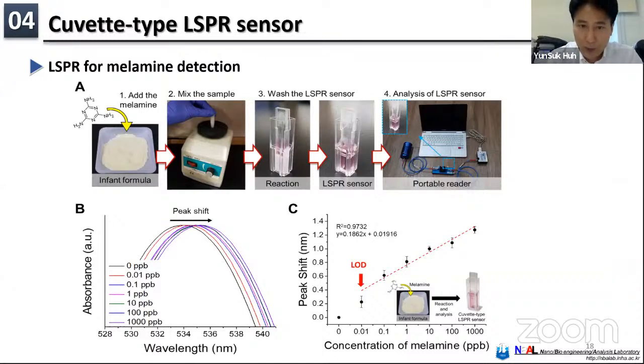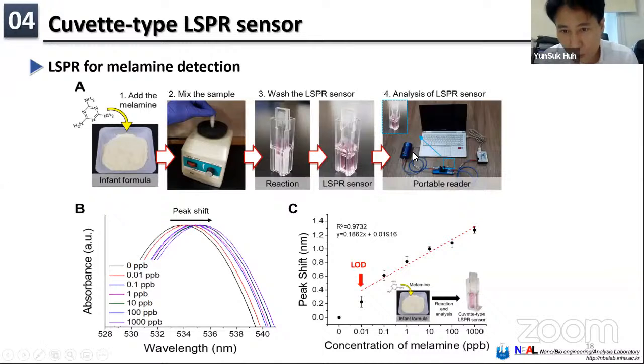After a 5 minute reaction and washing out, we can detect the different plasmon signal with conventional UV-based spectrometers. We also tried to assemble everything into a portable sensing device.